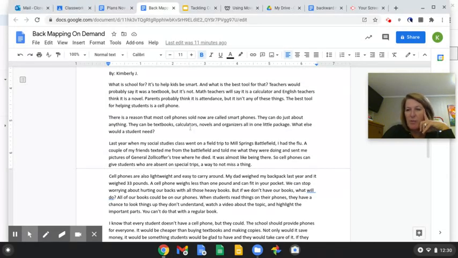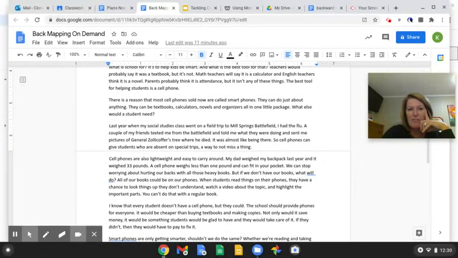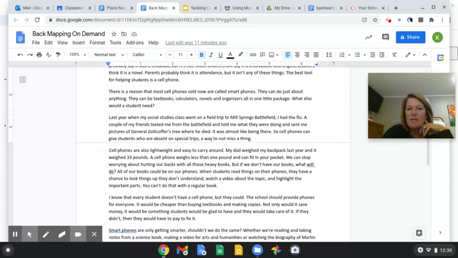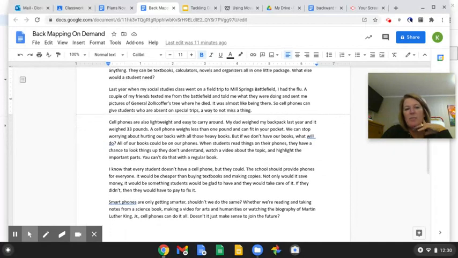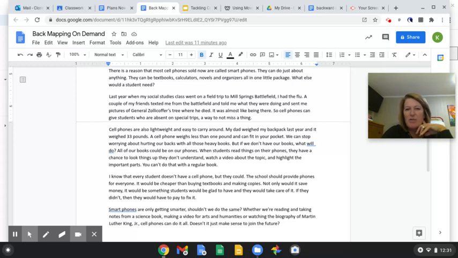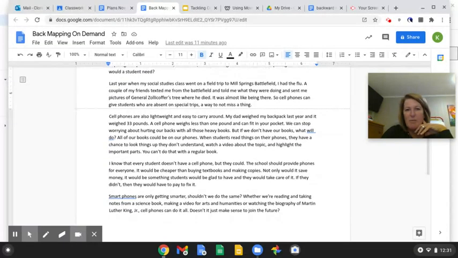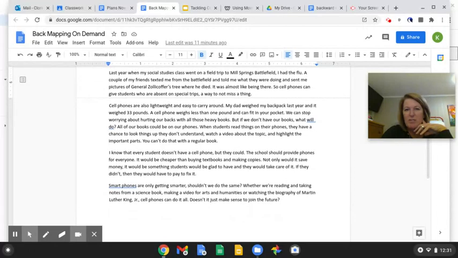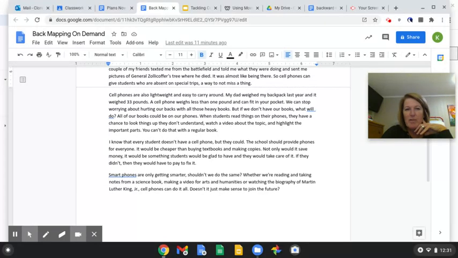Let's read a little bit more and see what else the author has done. There's a reason that most cell phones sold now are called smartphones. They can do just about anything. They can be textbooks, calculators, novels, and organizers, all in one little package. What else would the student need? Now, as I keep reading, I notice that they give some anecdotal evidence on why the cell phones would be important in schools. This was when the student was out sick, and they were able to get organizers sent to them so that they could stay on top of things.